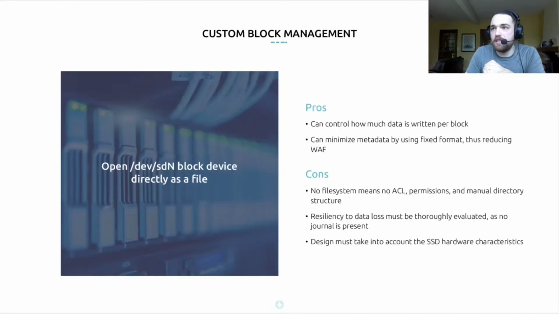And one last possibility is to simply not use any file system. This means you open your /dev/sd block device directly as a file and you write in it. This is good for some applications because you can completely control how you write the data and how much metadata, which metadata you actually use. You can even, if you want, not use any metadata. So you reduce the write amplification factor as much as possible.